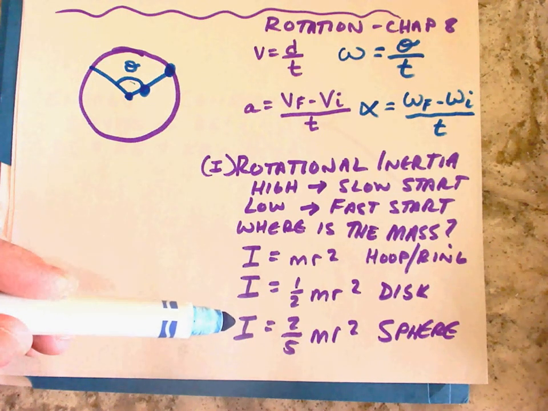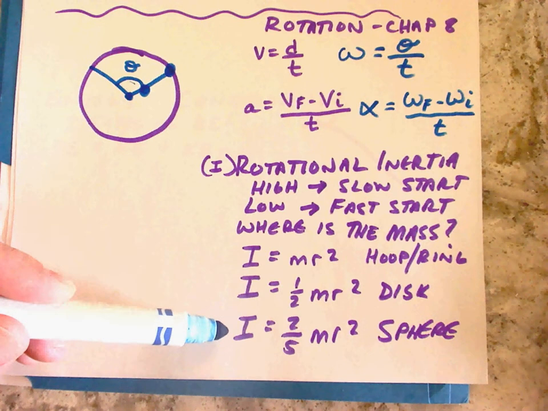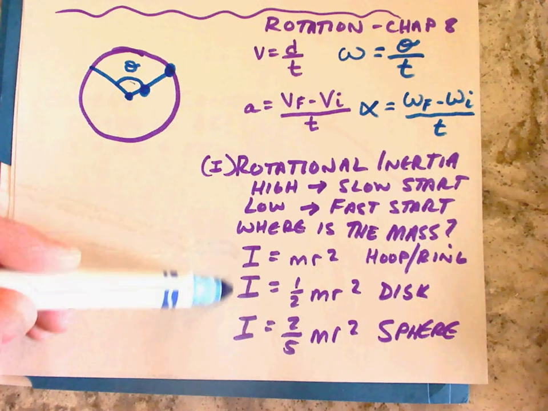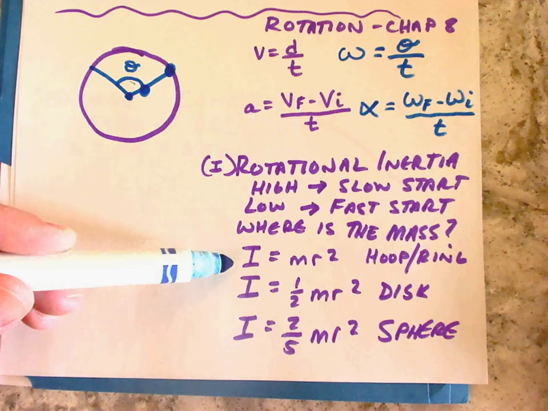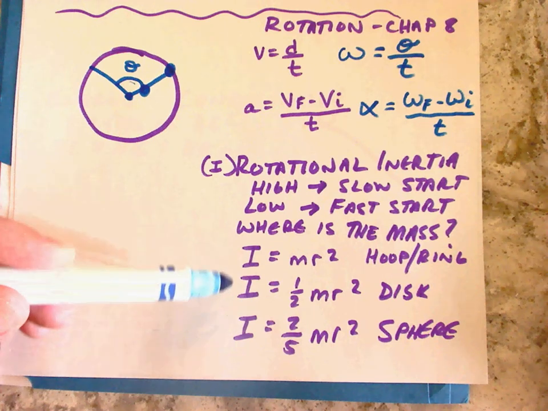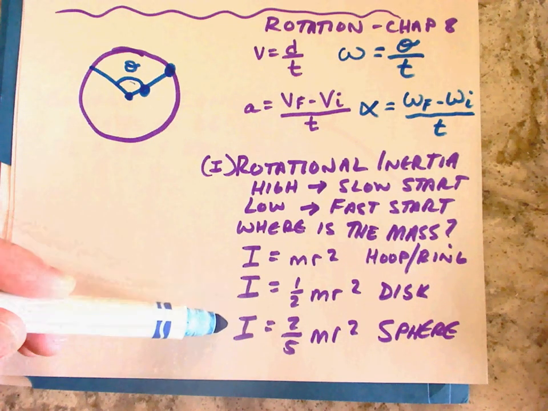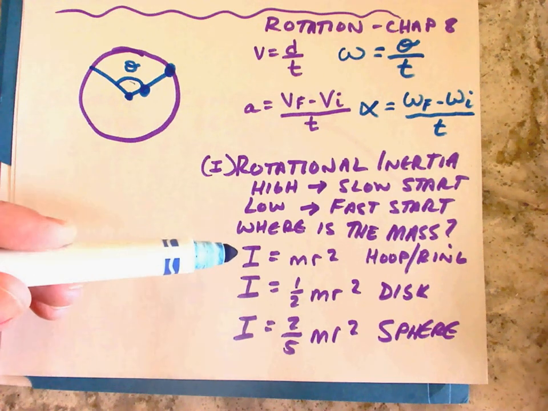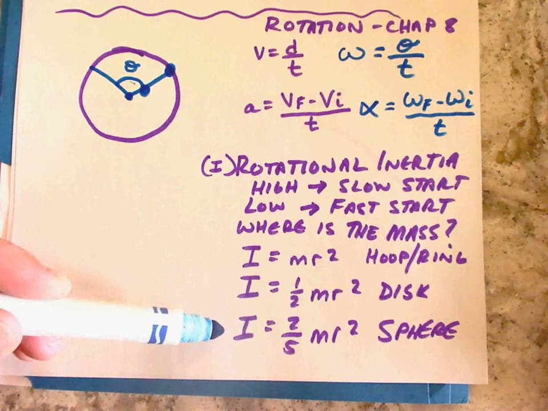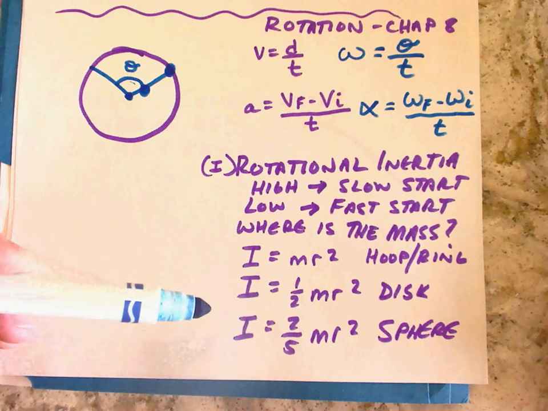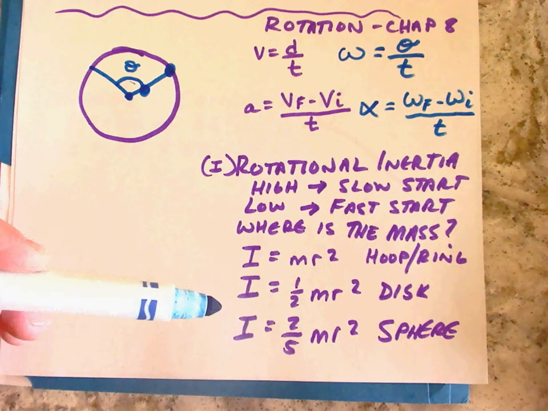So these were the three. We proved it mathematically later on that if you had these three all lined up, the one that reaches the bottom first is sphere, and then disk, and then hoop or ring. And that's just based on slow start versus fast start on the incline. I think that's it for rotational inertia.